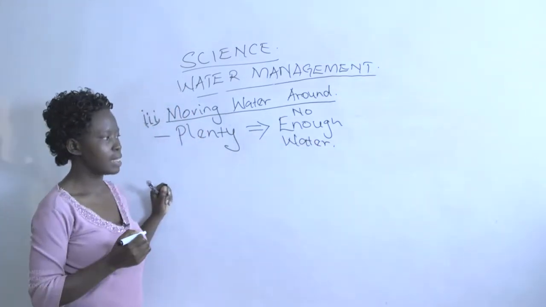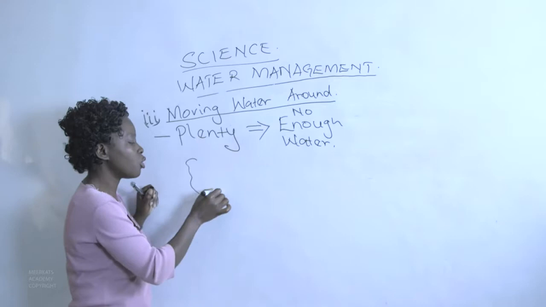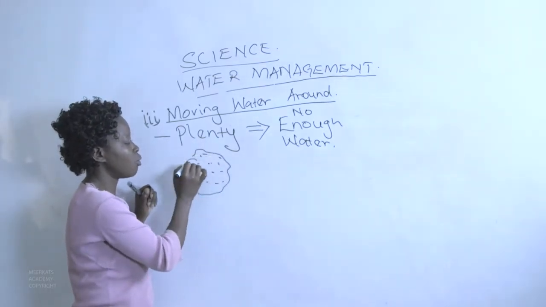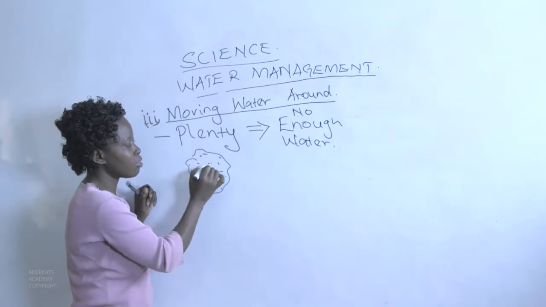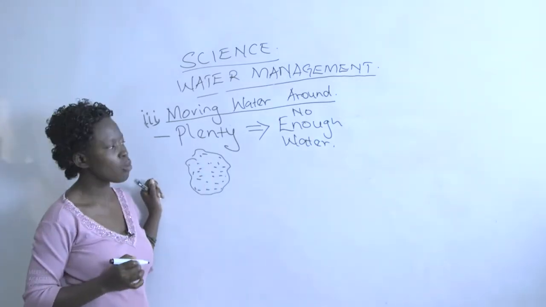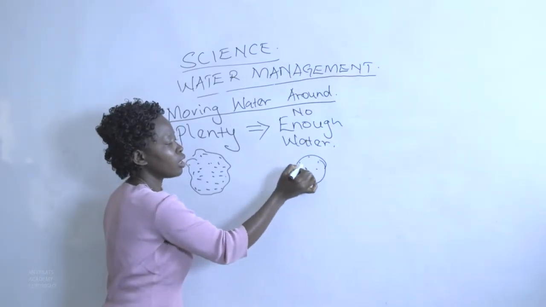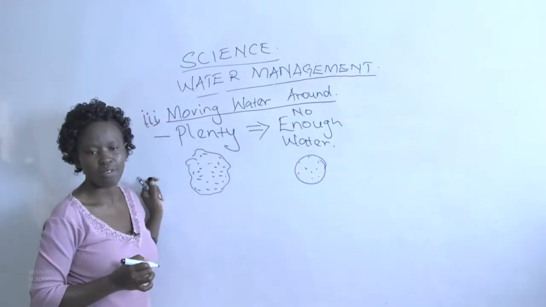So what is happening is we are having this region. The region has a lot of water. The water is in plenty. And since the region has excess water, we have another region that is not having enough water.